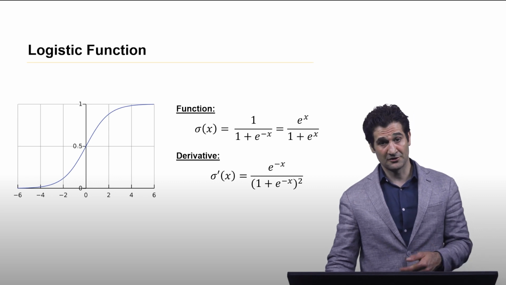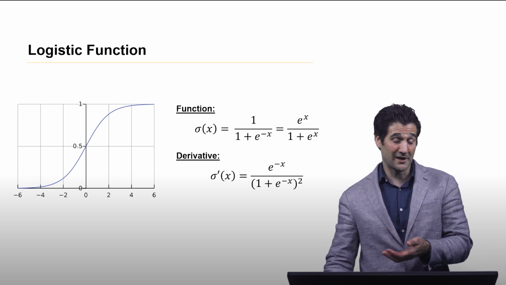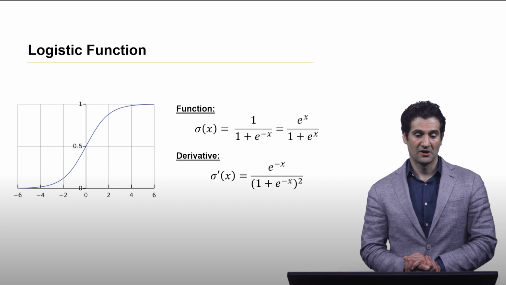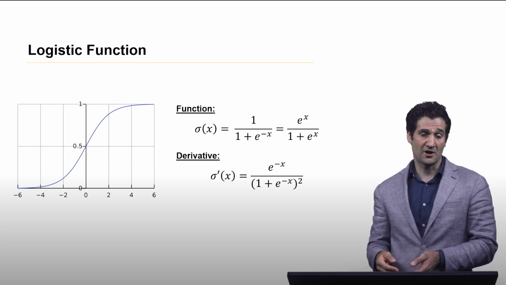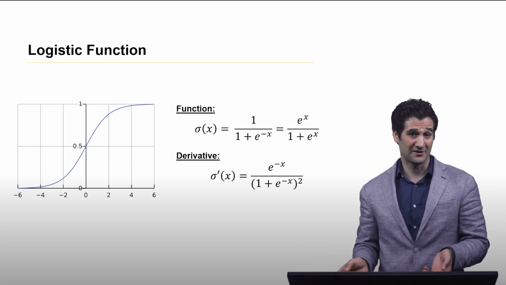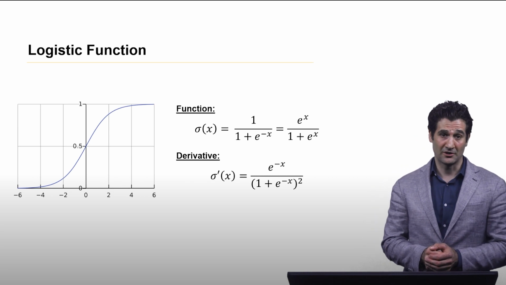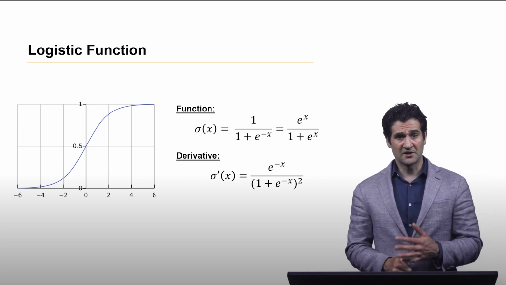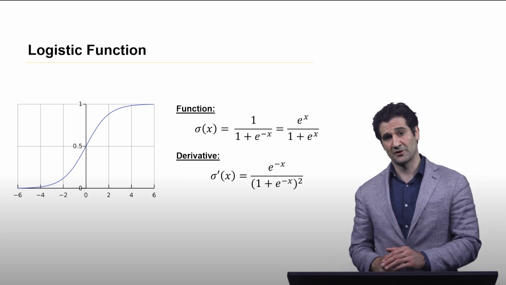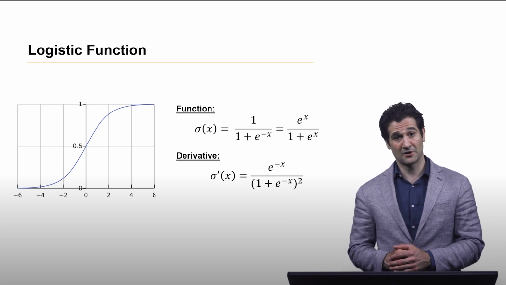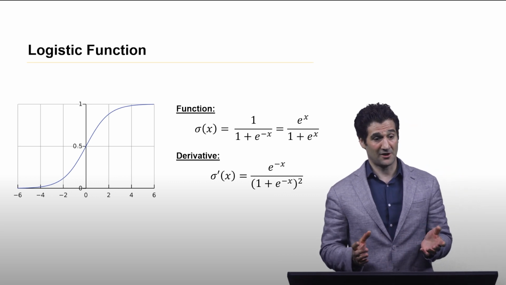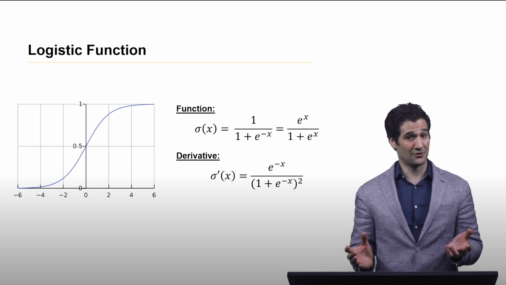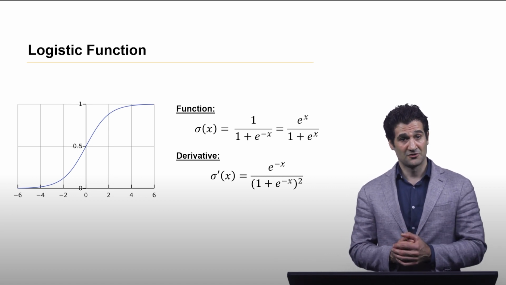I've also included the derivative because, as you may have guessed, the approach to solving this function will probably involve gradient descent, just like we saw with linear regression. Additionally, for those of you who might be familiar with neural networks or deep learning, logistic regression can be thought of as a very simple neural model that consists of just one neuron.